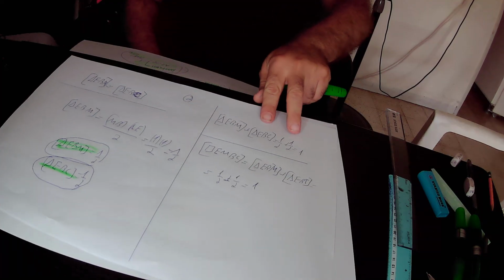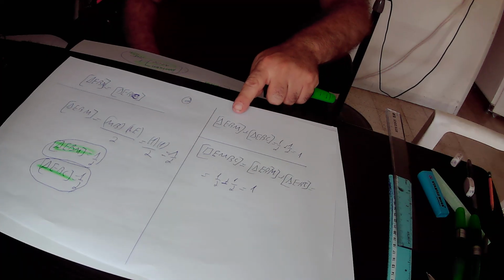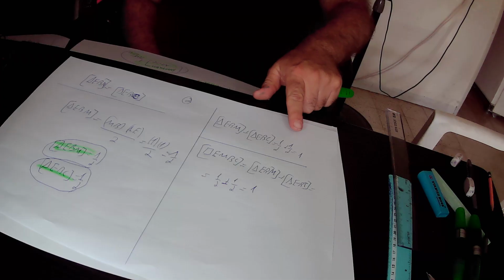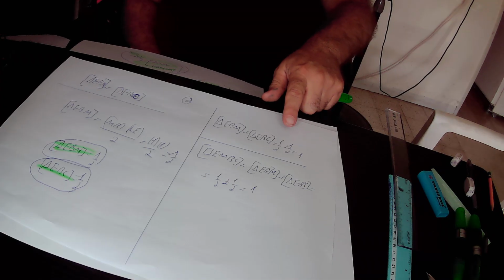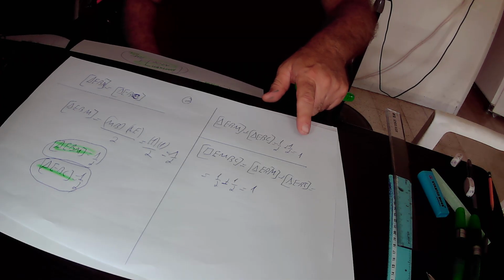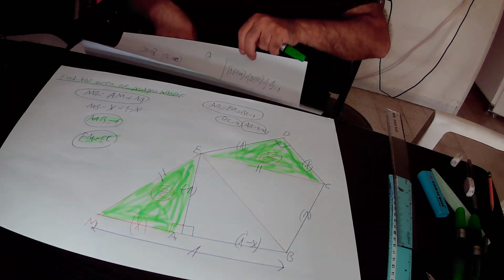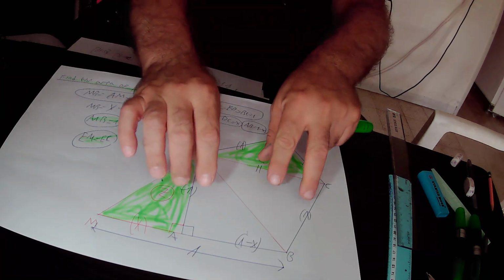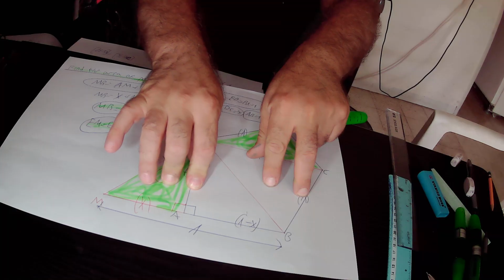In total, 1 half plus 1 half is 1. So the sum of the areas of those two triangles is equal to 1.